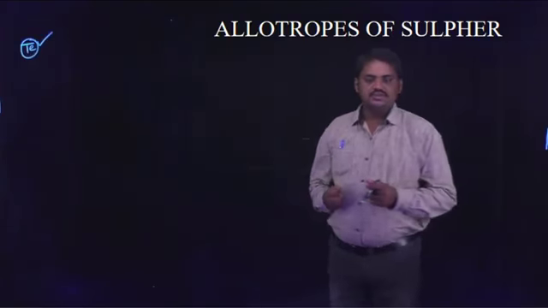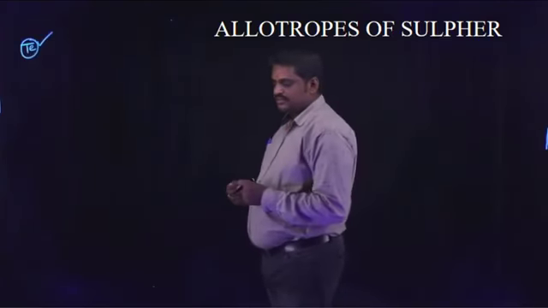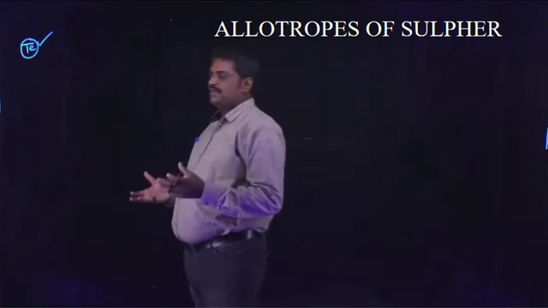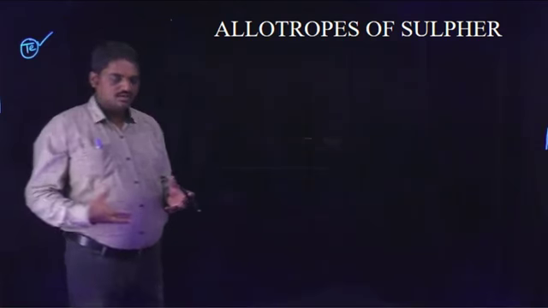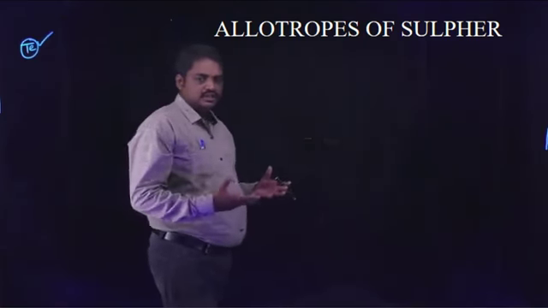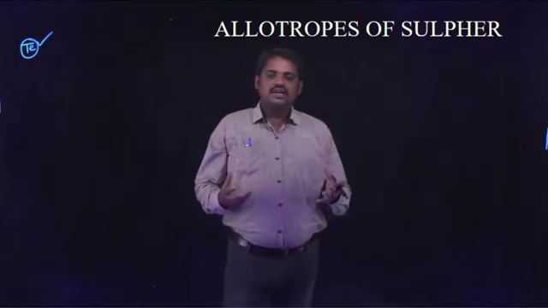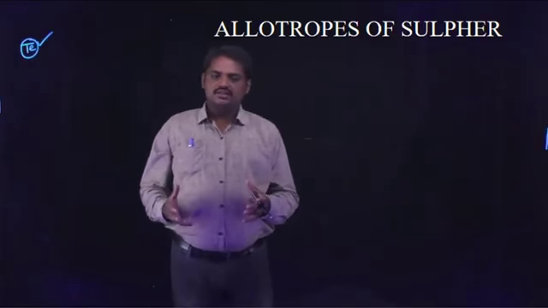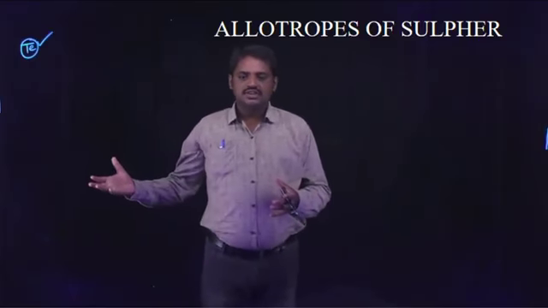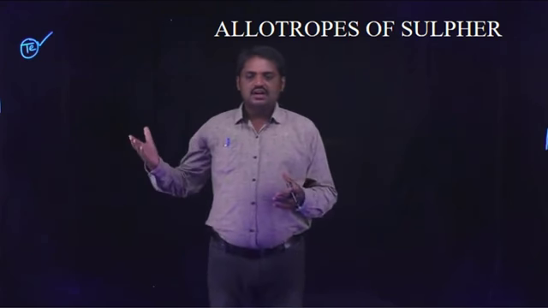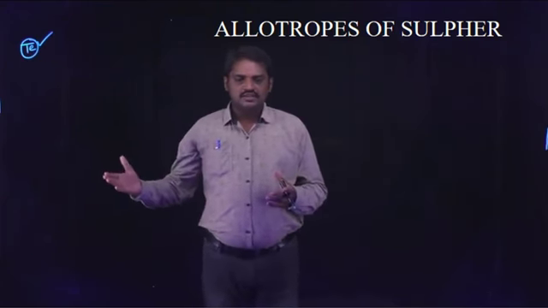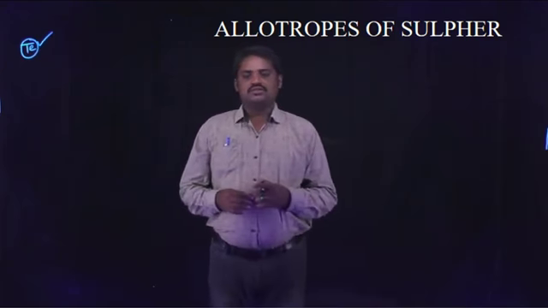For example, oxygen exhibits two types of allotropic forms. One form is dioxygen and another form is trioxygen. In the last classes I discussed the preparation methods and properties of dioxygen and ozone molecules.